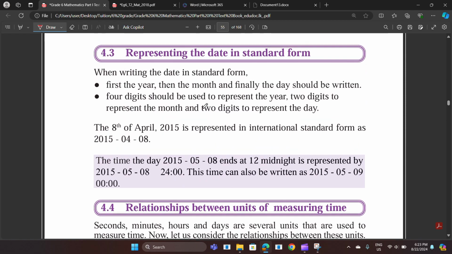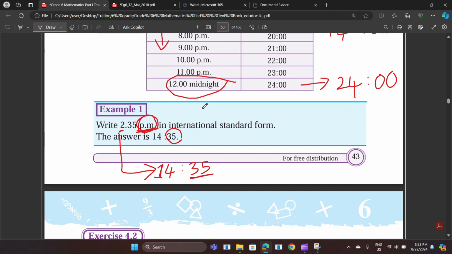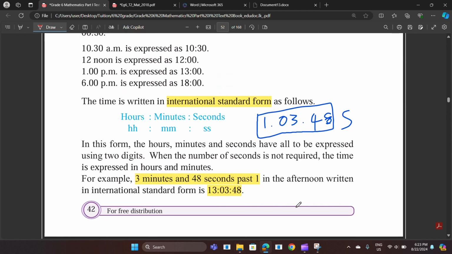When we are representing this time in International Standard Form, look, I told you this is 1 hour 3 minutes and 48 seconds in the afternoon, PM. Okay, this is in PM.